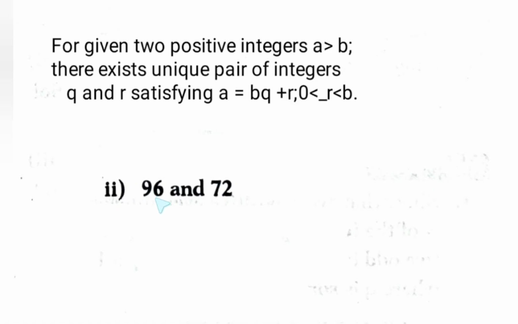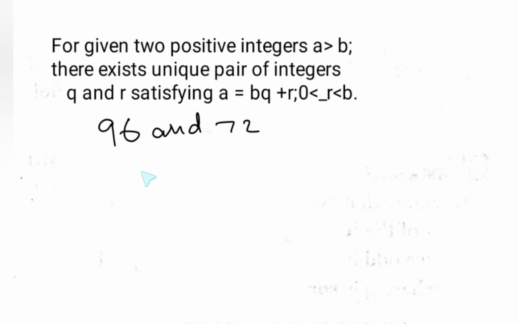Find HCF of 96 and 72. 96 is a, 72 is b. 96 is greater than 72. So a equal to bq plus r. 96 is equal to 72 into 1 plus 24.